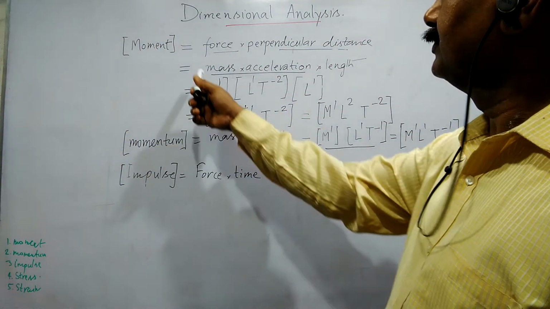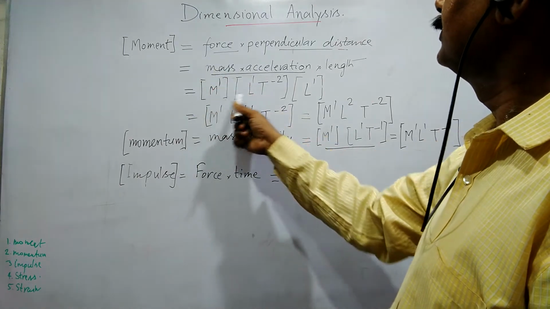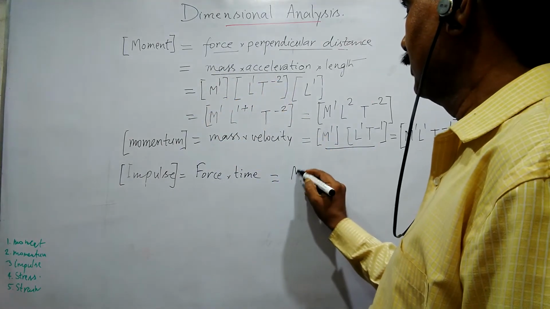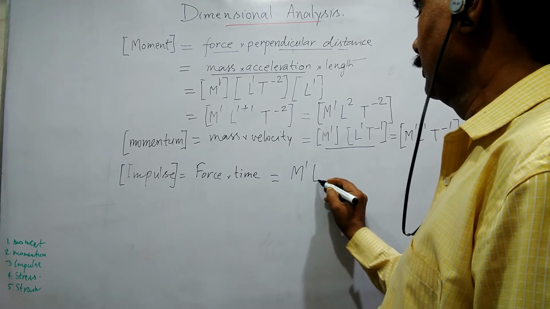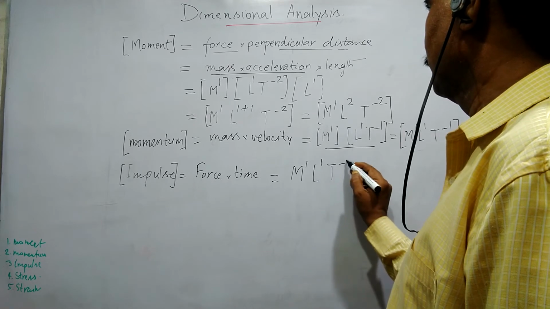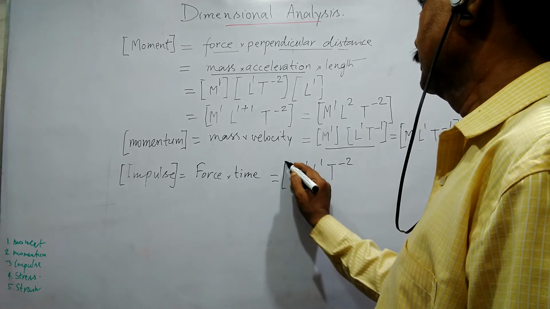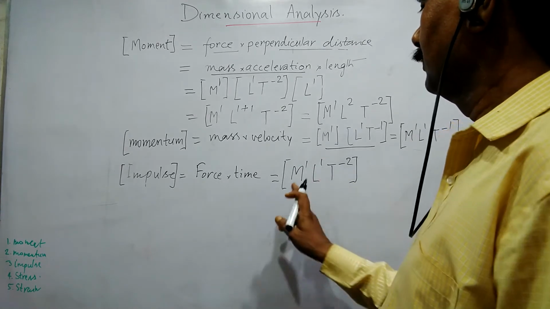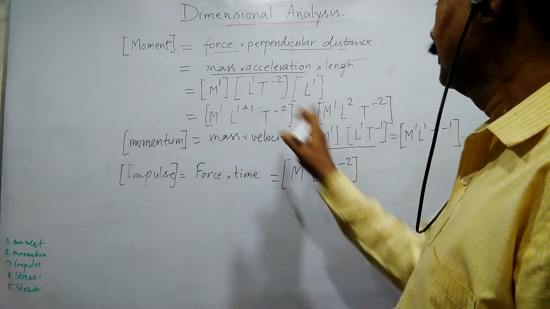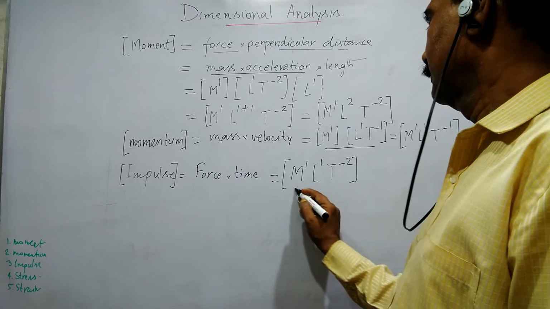Force was mass into acceleration. Mass is M to the power 1, acceleration is L to the power 1, T to the power minus 2. This is the dimension of force.